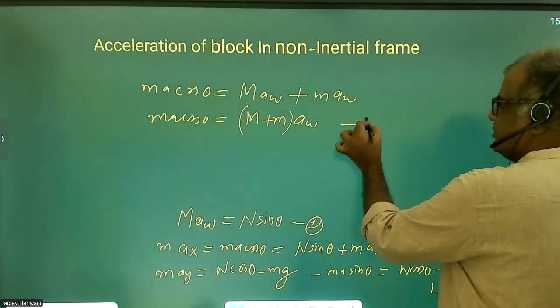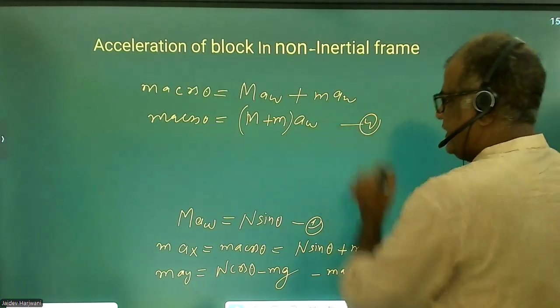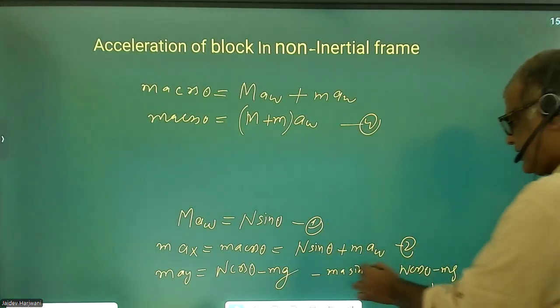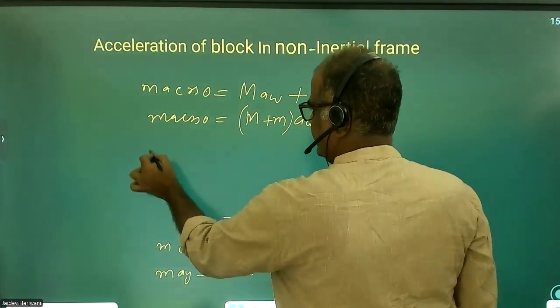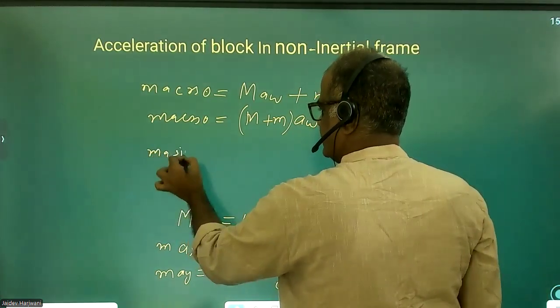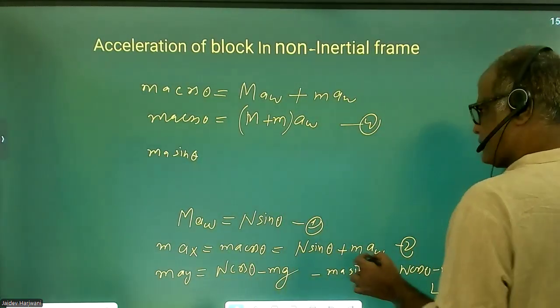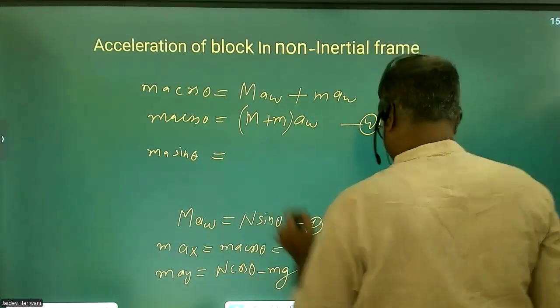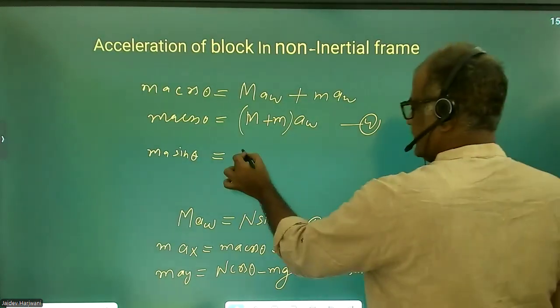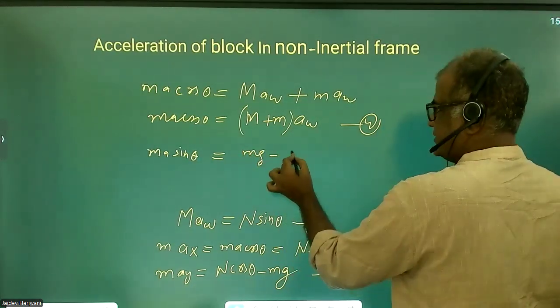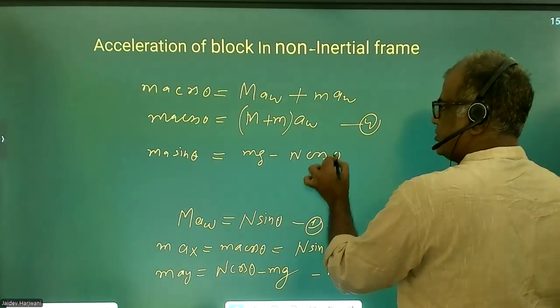Say this is my equation number 4. Similarly, I have m a sine theta, which is equal to mg minus N cos theta.